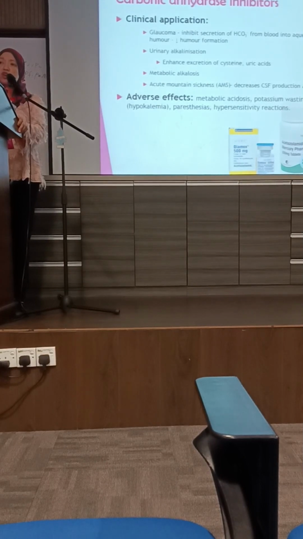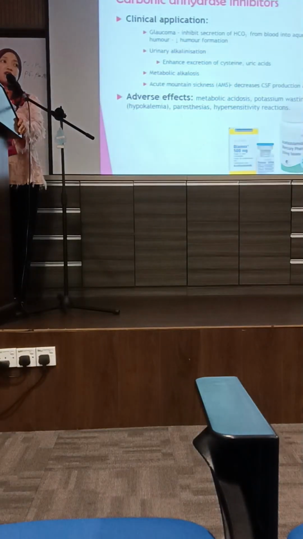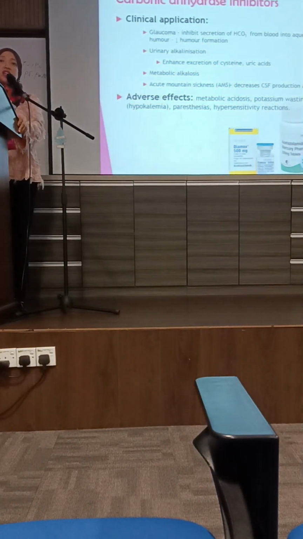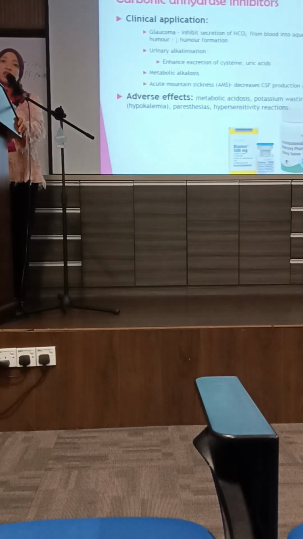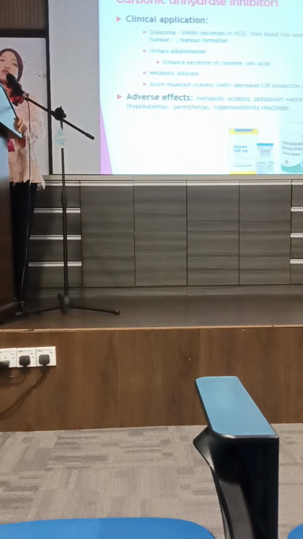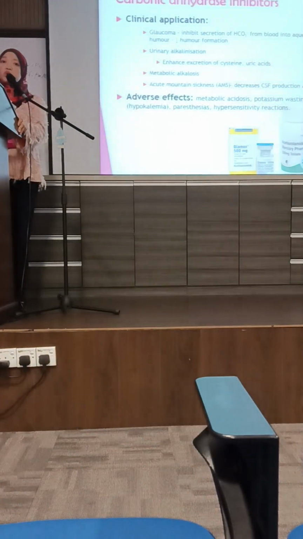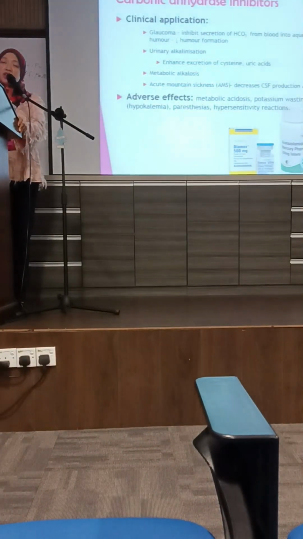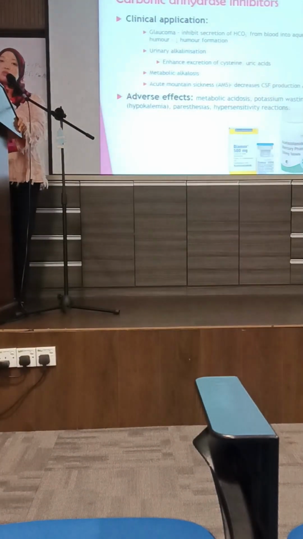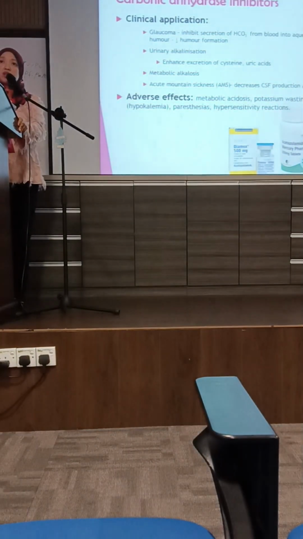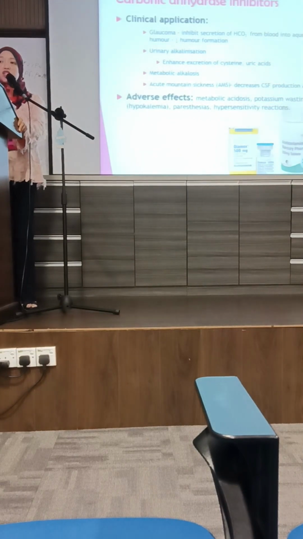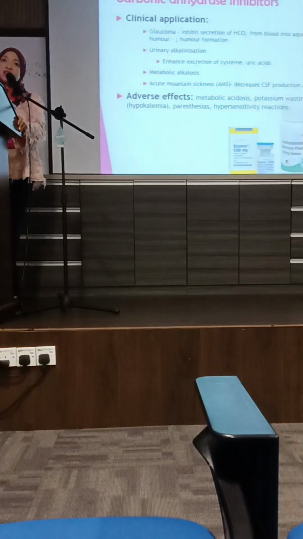it can also be used for urinary alkalinization. For example, in some patients, especially those who have problems with the kidney, any renal conditions such as kidney failure, what else? Renovascular hypertension, any problem related to the kidney. They are prone to have acidic urine, and acidic urine is prone to stimulate formation of kidney stones, yeah. Remember that, acidic urine in some people is prone to cause formation of kidney stones and then formation of uric acid, cysteine.